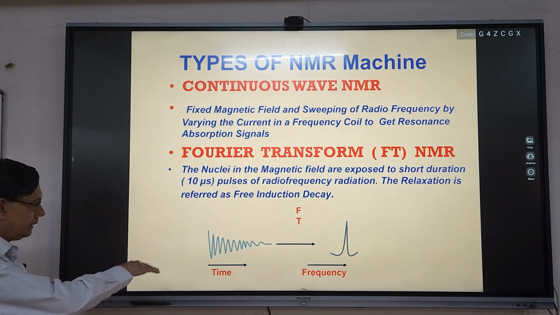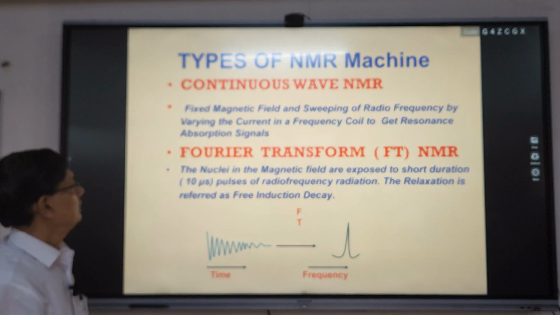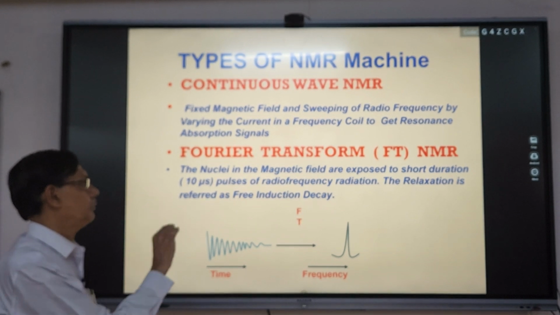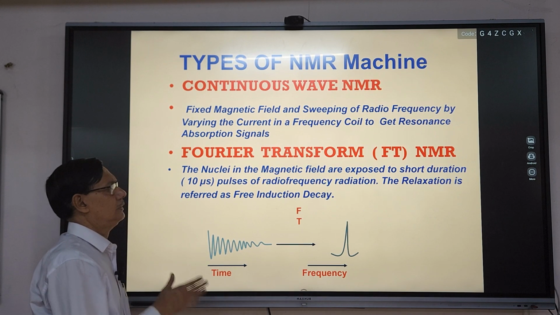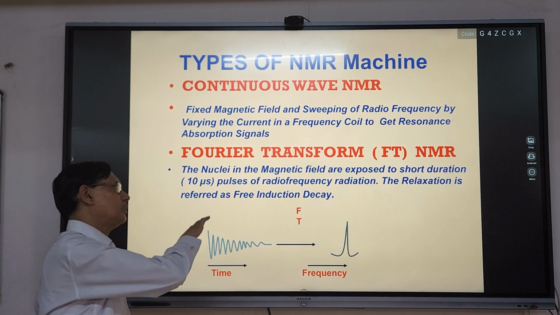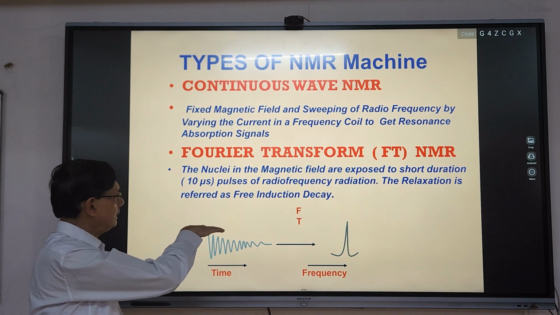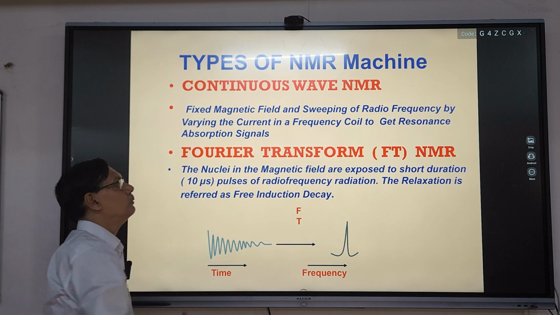Here you see that the time domain is converted into the frequency domain. The nuclei in the magnetic field are exposed to short pulses, of 10 microseconds duration, of radio frequency radiation. And then of course there is a relaxation, referred to as free induction decay. Again, that is T1 and T2 based on these things.